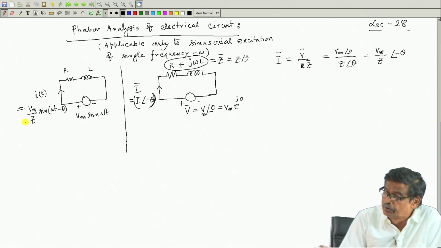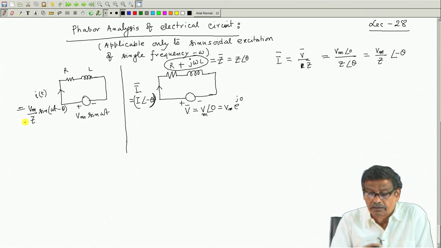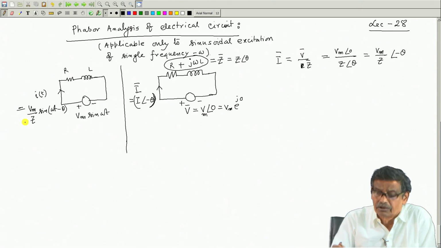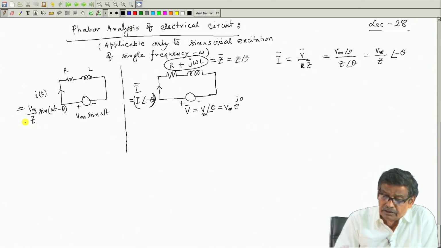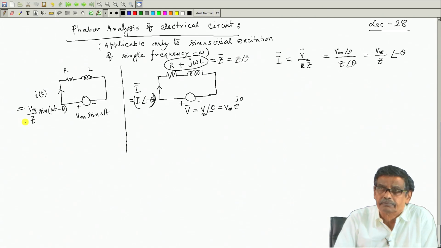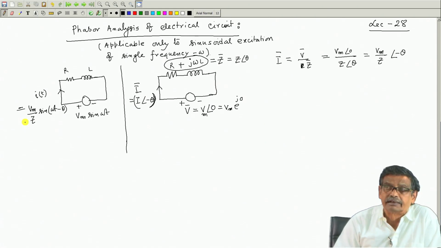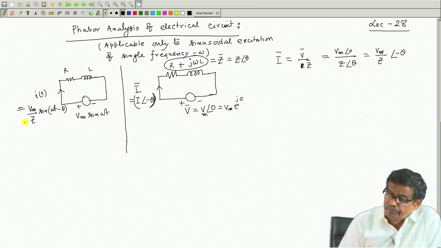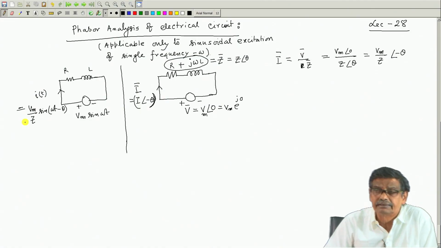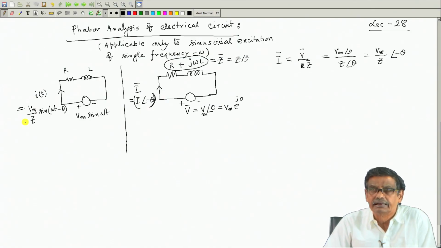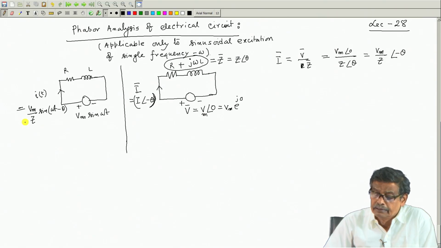So, I can switch over from time domain to frequency domain. This is called frequency domain or phasor approach. In no time, that is how the circuit is solved. Therefore, wherever inductance is there, you write it as j omega L.